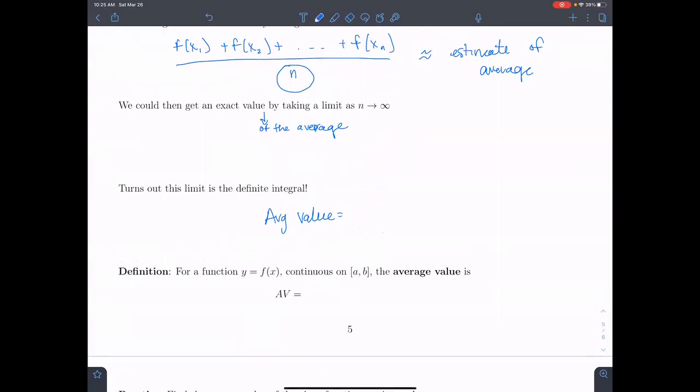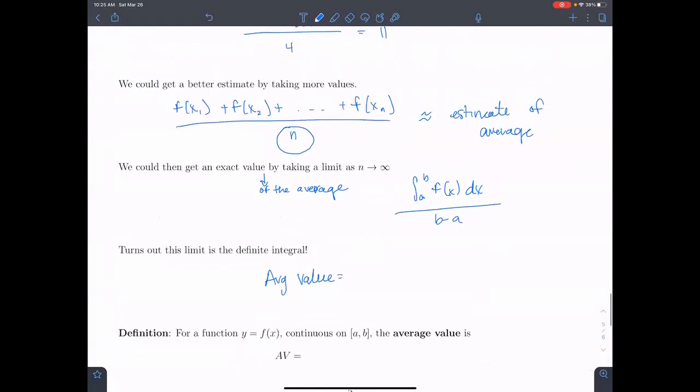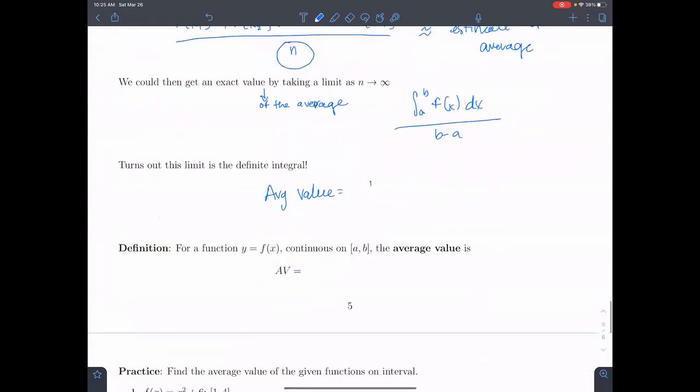So you do the integral from a to b of f of x dx, and then divide by b minus a, because that would be your span. That's your n. So oftentimes we're going to write that as 1 over b minus a. So however long your interval is, b minus a, and then the definite integral from a to b of f of x dx. That is the average value.